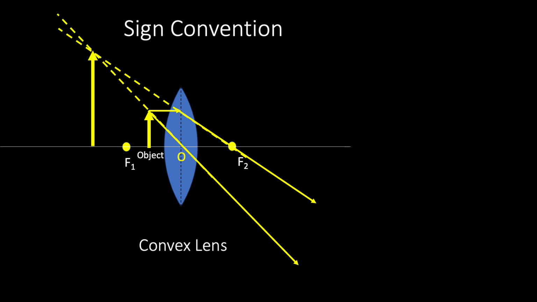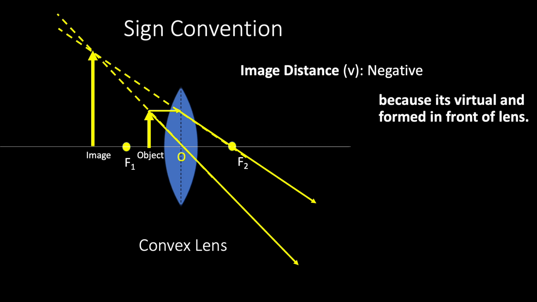And here is our image. In this case, the image distance is negative because it is on the left of the optical center. The image is virtual and it is formed in front of the lens, and V will be taken negative.